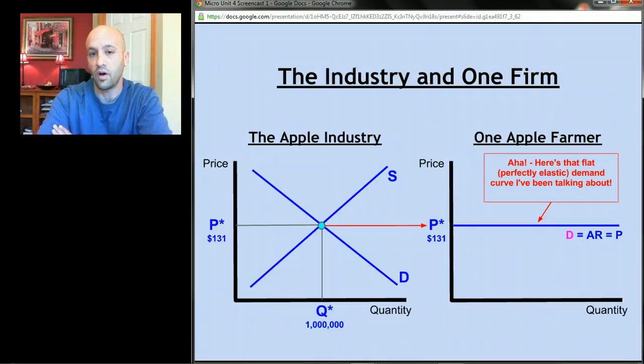Because no matter what quantity it wants to produce, the price never changes. Back when you learned about elasticity, some of you asked me, what would possibly represent a perfectly elastic demand curve? When would we possibly see it? Well, here's where we see it. In an individual firm dealing in perfect competition.